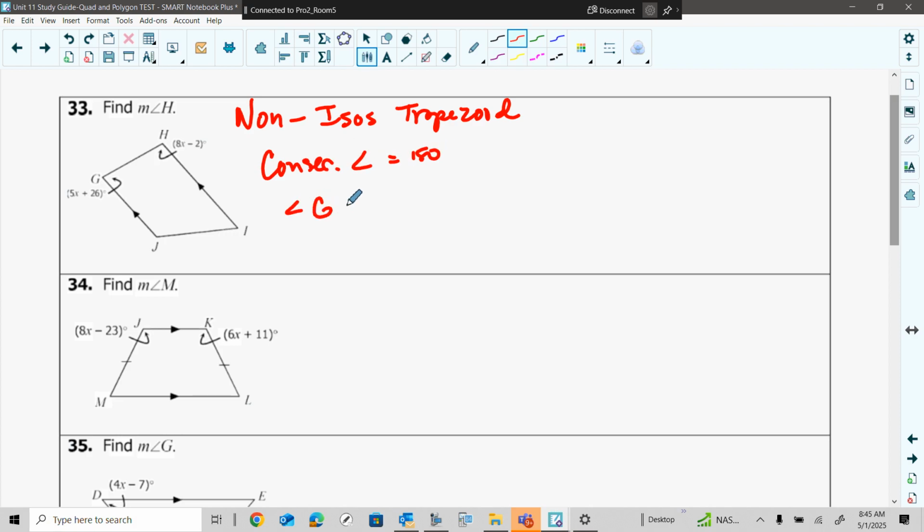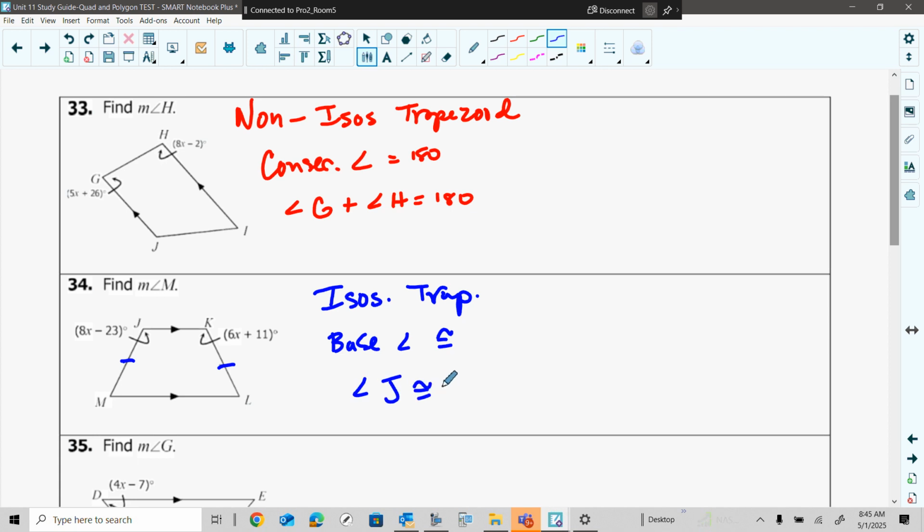Angle G plus angle H is going to equal 180. 134, because they give you the tick marks, now you have an isosceles trapezoid. Just going to abbreviate that. So here, base angles are congruent. Your angle J is congruent to your angle K.